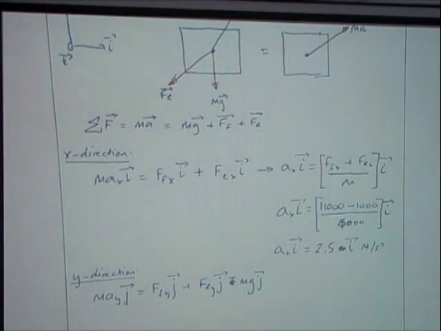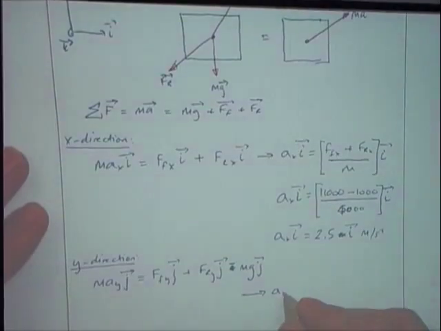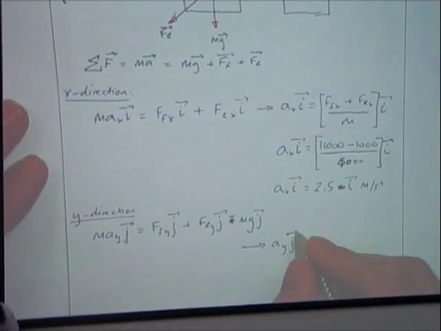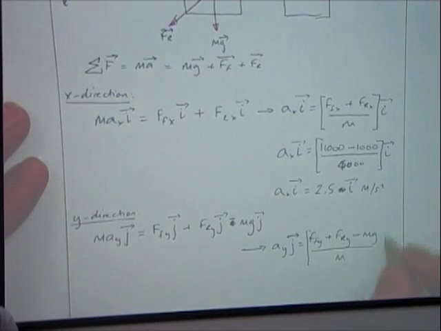Excuse the mistake. And so we can rearrange that, again, solving for the acceleration, ay times by j. We've got Fy plus Fry minus mg divided by m, unit vector.